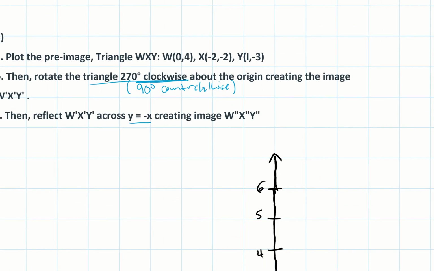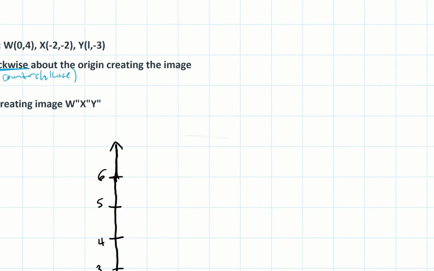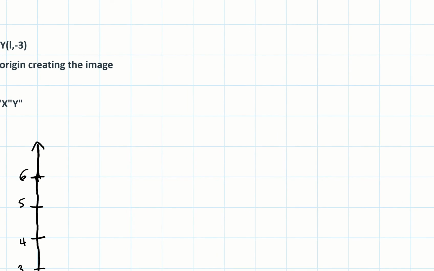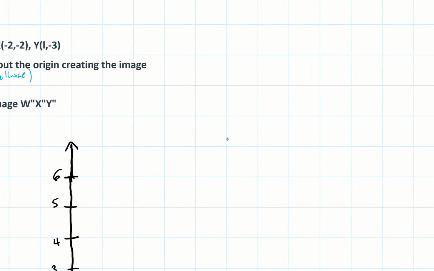For this one, we're going to use the 2 rules because we can't visualize it as easily as we can a reflection. The first rule, we're rotating 270 degrees.